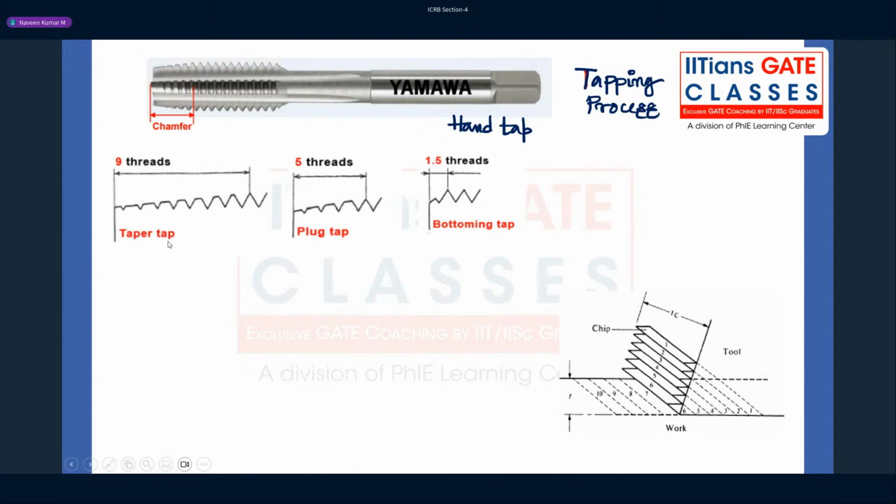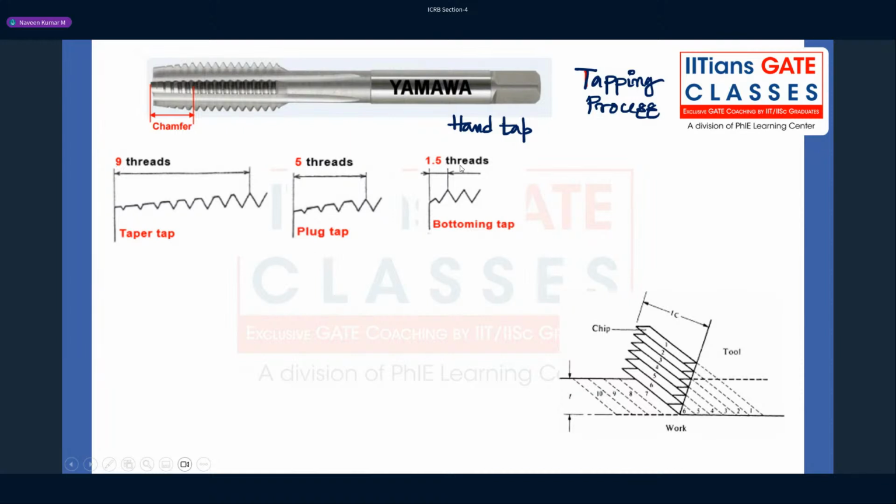In the taper tap, the important part is the chamfer. The entry zone is the chamfer, which is nothing but an angled thing. There are 9 threads here, 5 threads here, and 1.5 threads here.